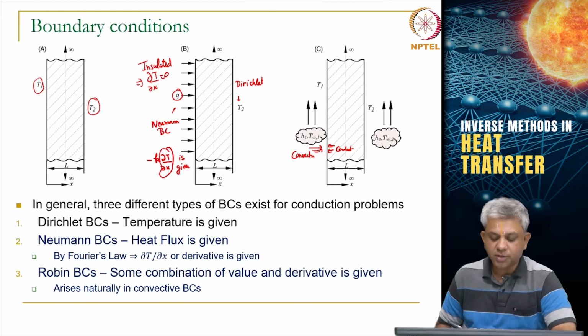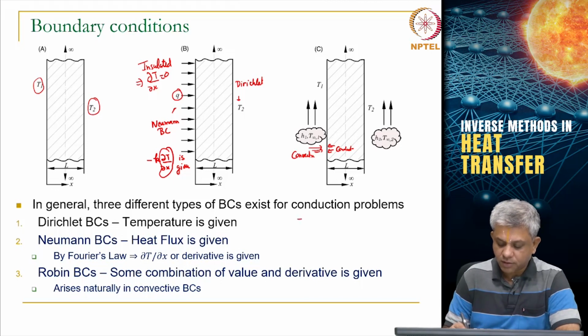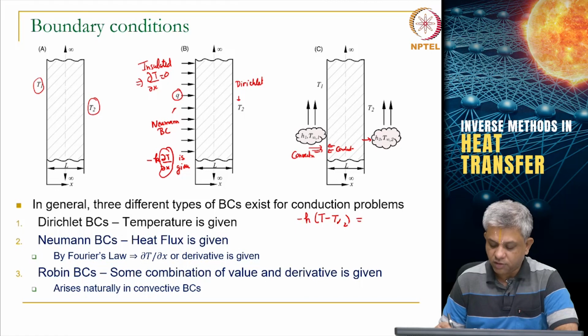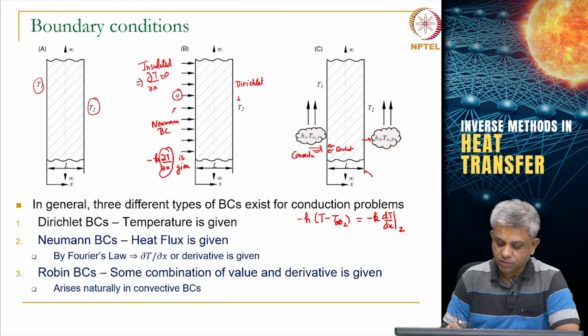So, you will have something like minus h times T minus T infinity 2, let us say we are dealing with it on this side, equal to minus k dT dx at this location at 2.